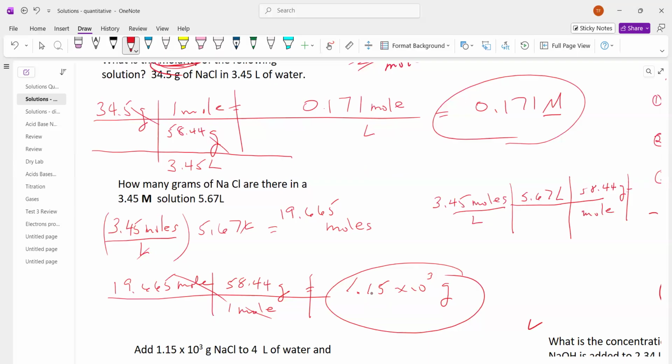Here we have moles cancel, liters cancel, leaves us with grams. Just if you do it in two steps, don't round on the first step. Keep it in your calculator memory.